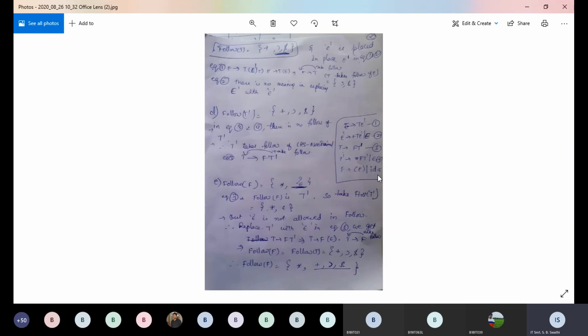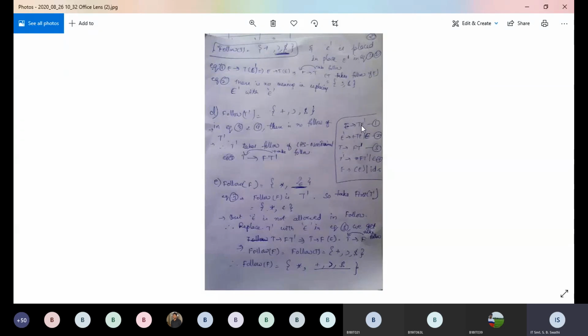Is this clear? Whenever we are computing follow, we need to check the right side productions only. First we need to consider the left side productions. That is the first point. Second point, how to do the follow. If there is a symbol after a particular production, if there is a non-terminal, like for T, if you have a non-terminal E dash, you have to compute the first of E dash.